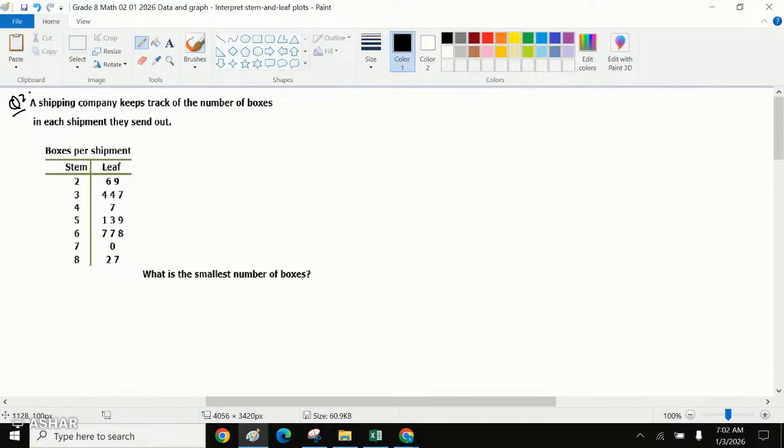These are the boxes over here, right? Boxes per shipment, a stem and leaf: 26 boxes, 29 boxes, 34 boxes per shipment. So the question says, what is the smallest number of boxes?